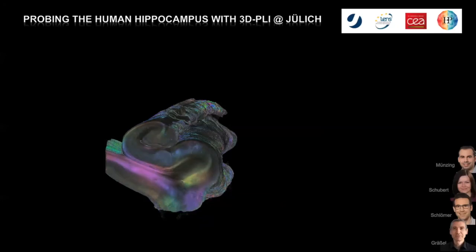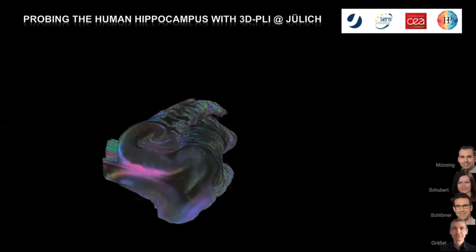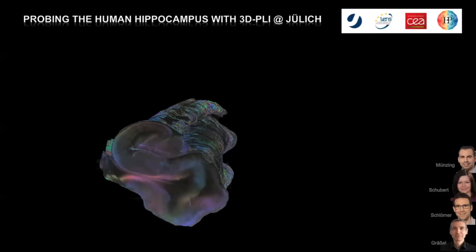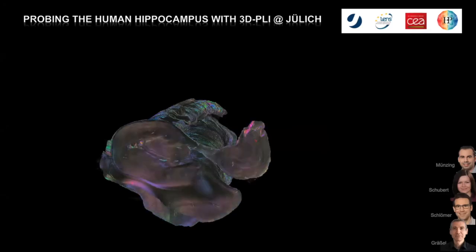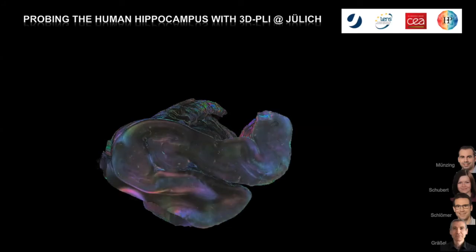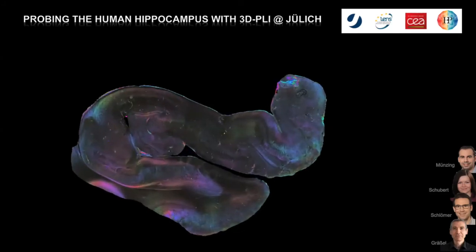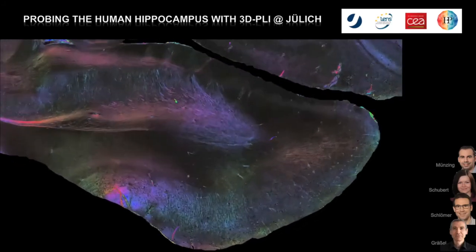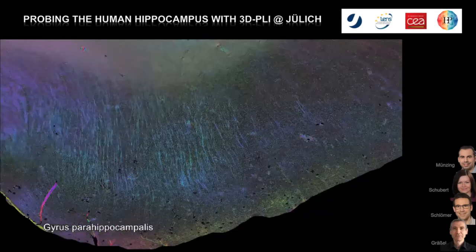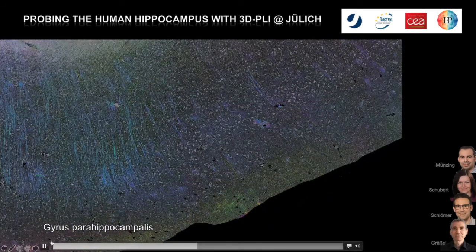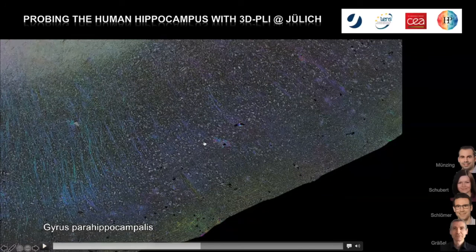So we were successful to align about 600 consecutive hippocampus data on PLI. And if you have a closer look to an individual of these sections, you can also see this is a very, very new kind of technique we use.